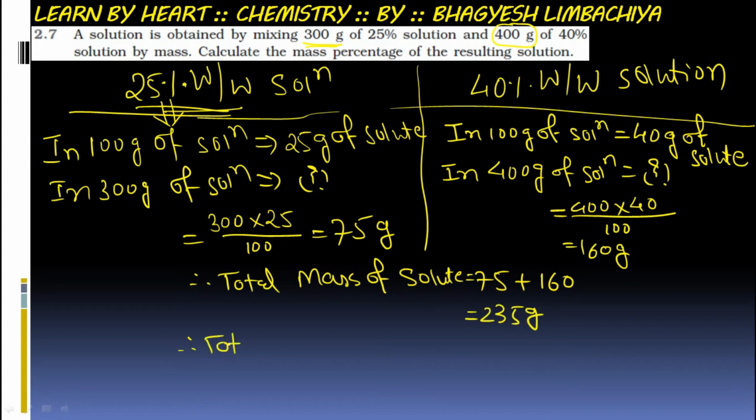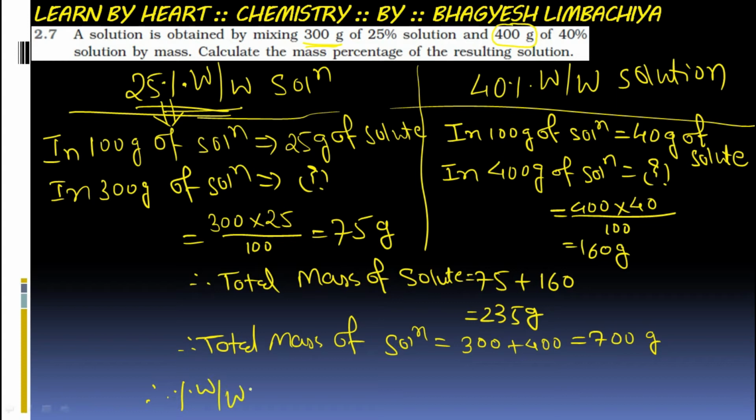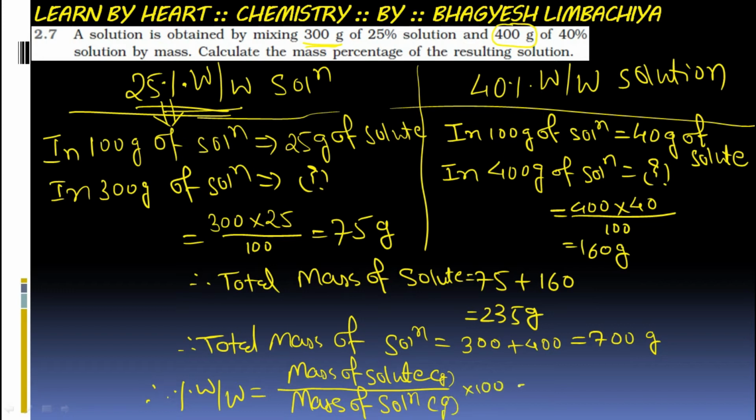Similarly, the total mass of solution will be 300 plus 400. So total mass is 700 gram. And now if we apply the formula of percentage W by W, that is mass of solute divided by mass of solution, both are in gram, and multiplied by 100.